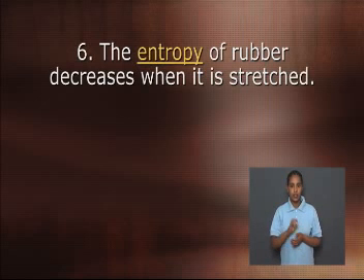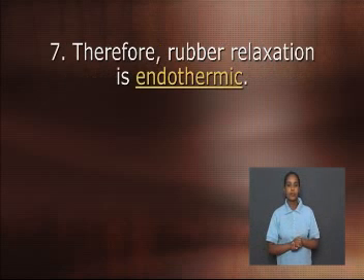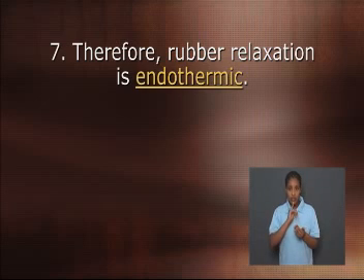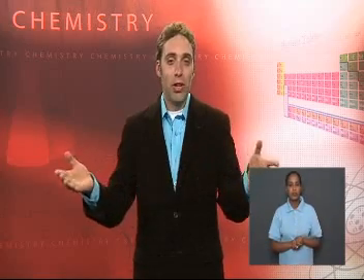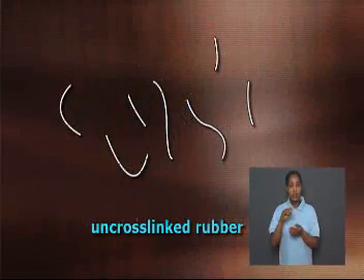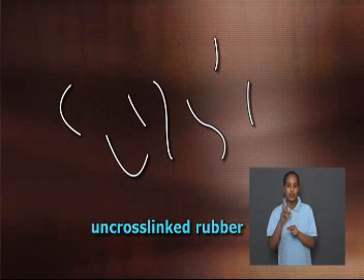The entropy of rubber decreases when it is stretched. Therefore, rubber relaxation is endothermic. Were you able to use all the correct terms? Great work, students. As we have learned, natural rubber is thermoplastic.